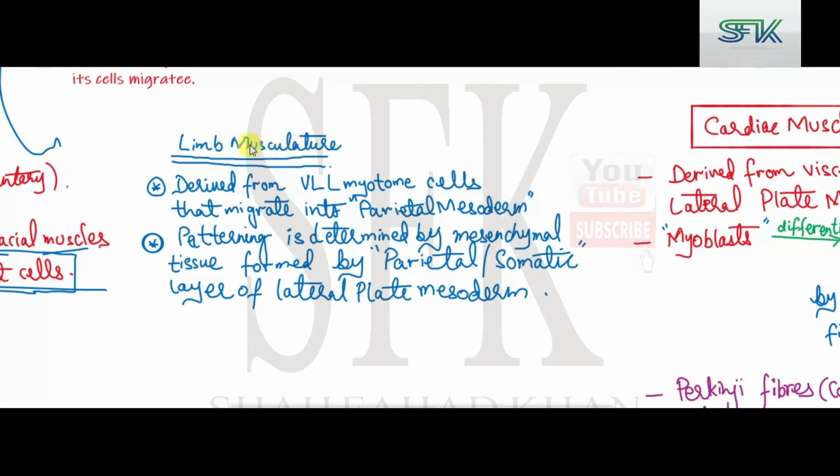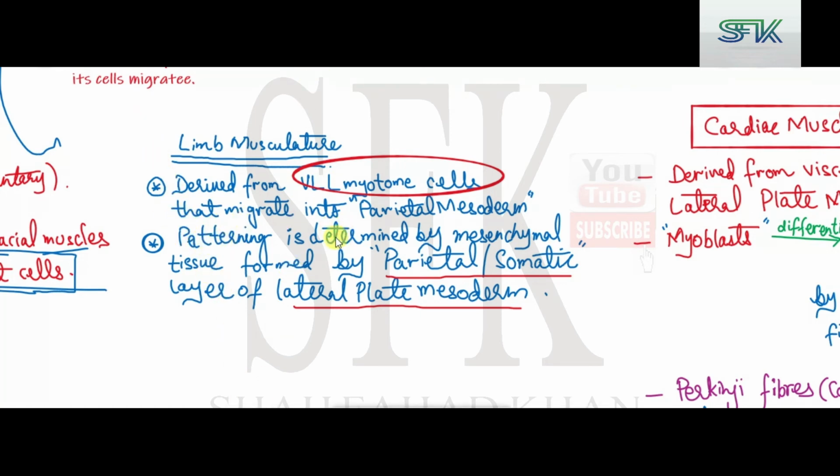The limb muscles are made from the myotome, the ventrolateral myotome, whereas the connective tissue or the mesenchymal tissue of the limbs is made from the parietal or the somatic layer of the lateral plate mesoderm. This is important. Again, the muscles are derived from the ventrolateral myotomal cells. We've talked about these a few minutes ago, or maybe in the previous lecture, in the diagram.